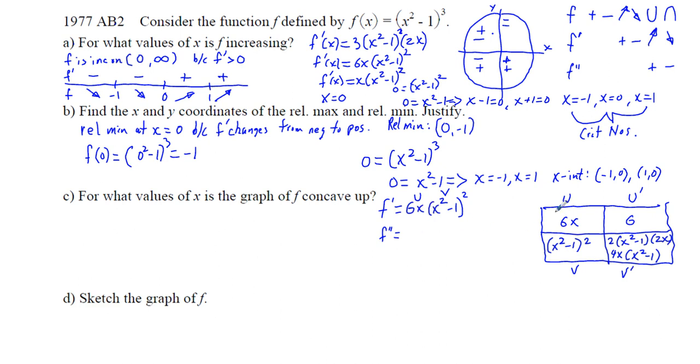So u v prime is going to be 6x times 4x, or 24x squared, times x squared minus 1, plus, excuse me, v u prime is going to be 6 times quantity x squared minus 1 squared.